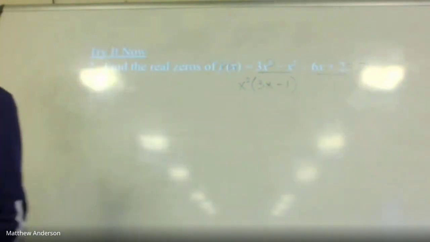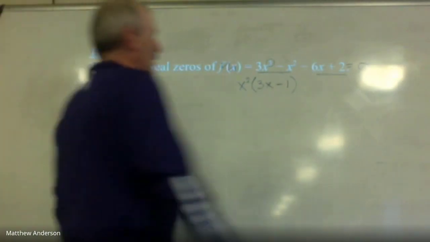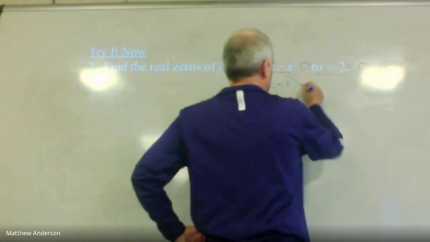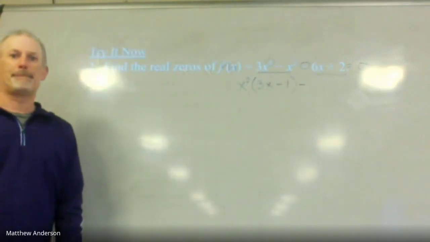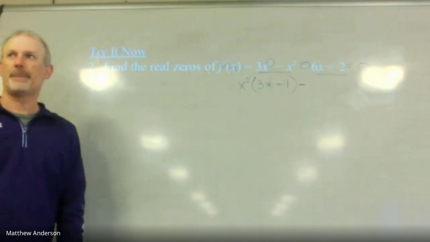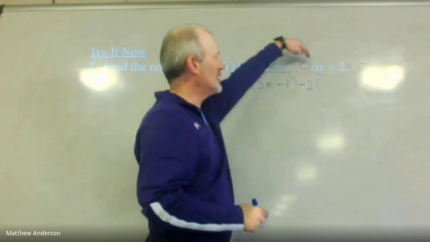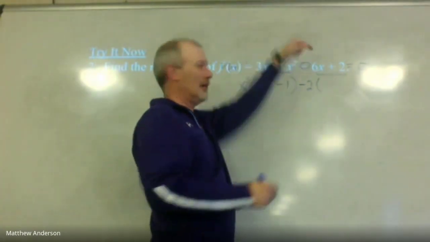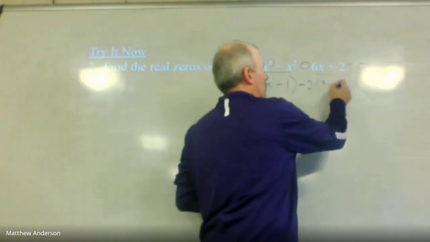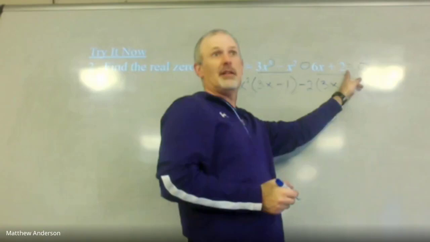Remember here, we have to take out the negative sign. What else can we take out of both of those? A 2. When we divide by a negative 2, what's left? A 3x, and when we divide this one by a negative 2, we get negative 1.